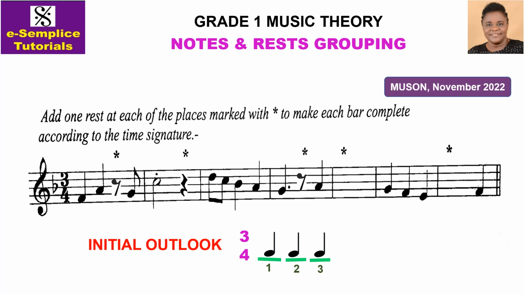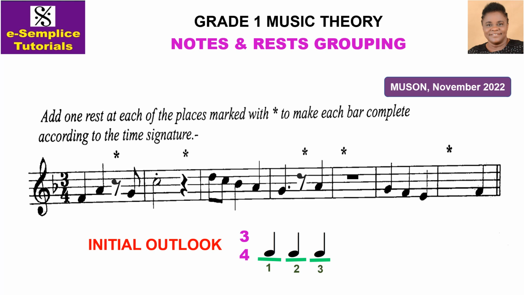Just go to e-Semplice YouTube channel. There is a video done some months back on full bars rest. Please watch it so you understand full bars rest. So the only appropriate rest at this asterisk is full bars rest, which you know to be a semibreve rest.